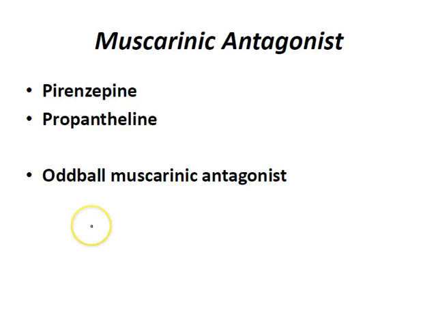Okay, now let's talk about the muscarinic antagonists, pirenzepine and propantheline. These block the acetylcholine action at the ECL cells, the M1 receptor, so you're going to get decreased histamine secretion, and on the parietal cell it's going to act on the M3 receptors to decrease HCl secretion. Now, you might say, what is an ECL cell? That's an enterochromaffin-like cell.